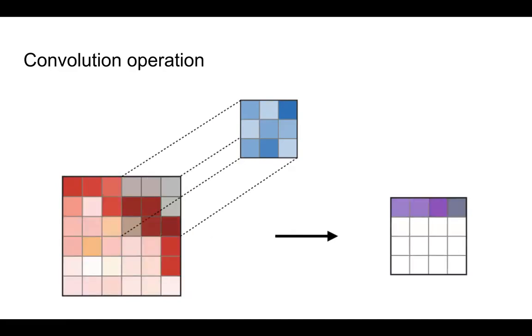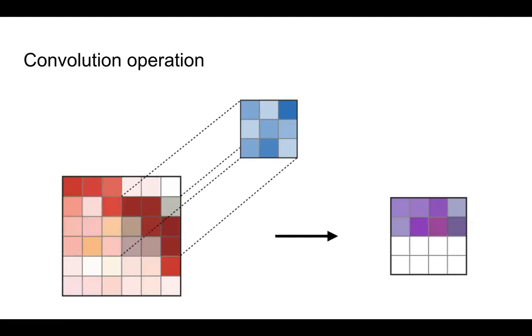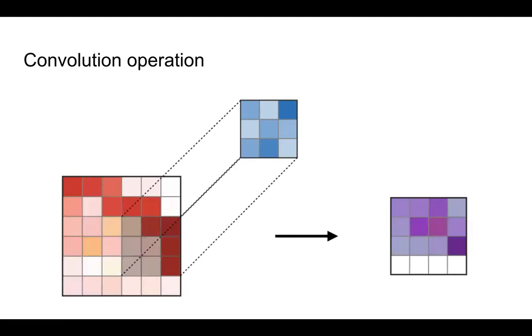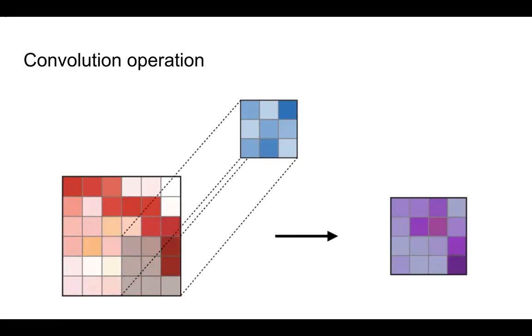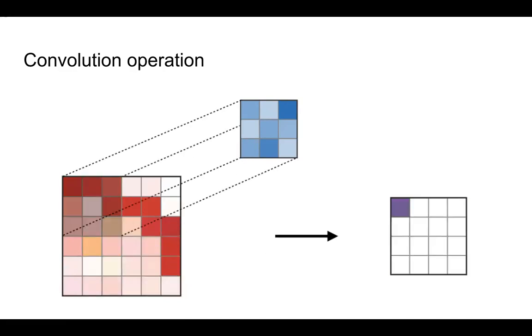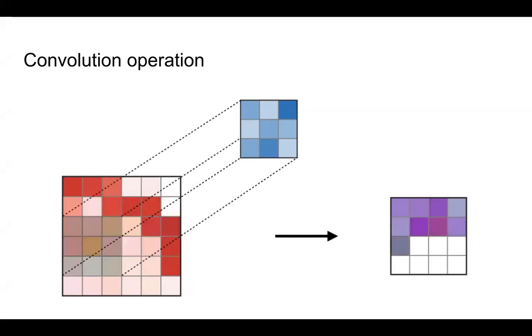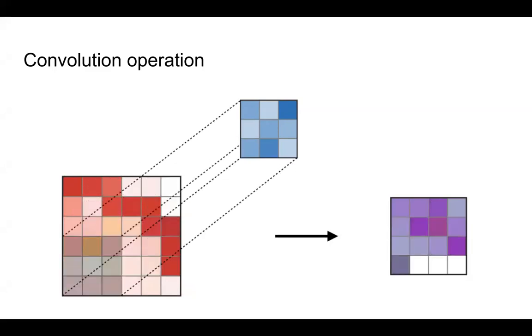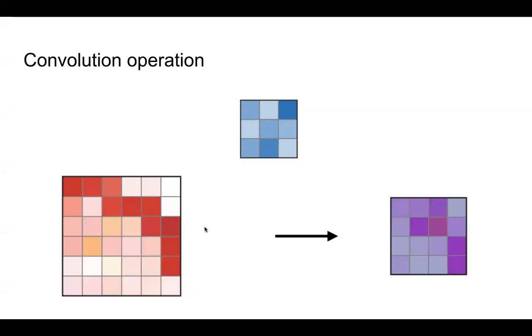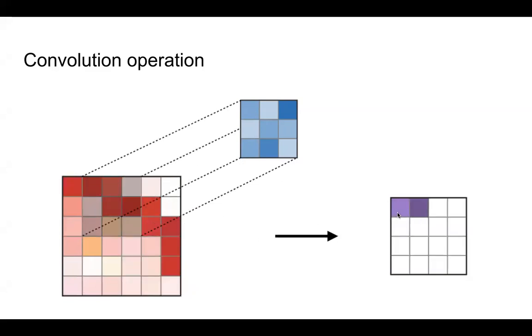Instead of 9 values, we'll have 9 plus 9 plus 9, that's 27 values, and we'll add all these 27 values. We'll get one value, and this will be filled in the first block.